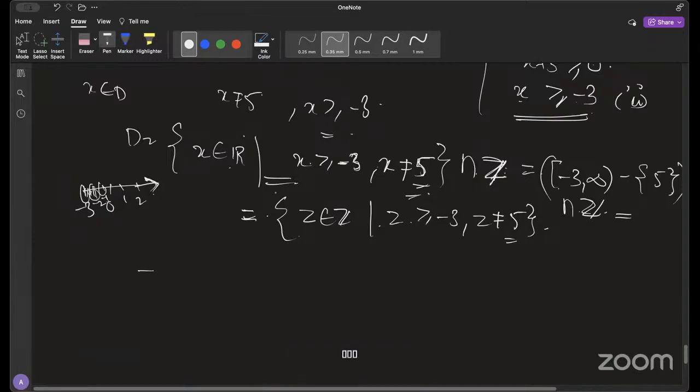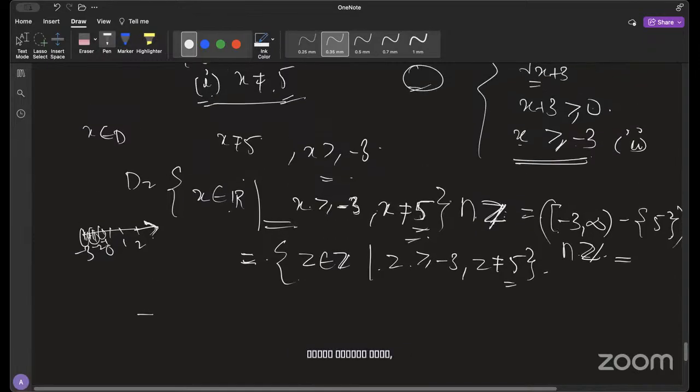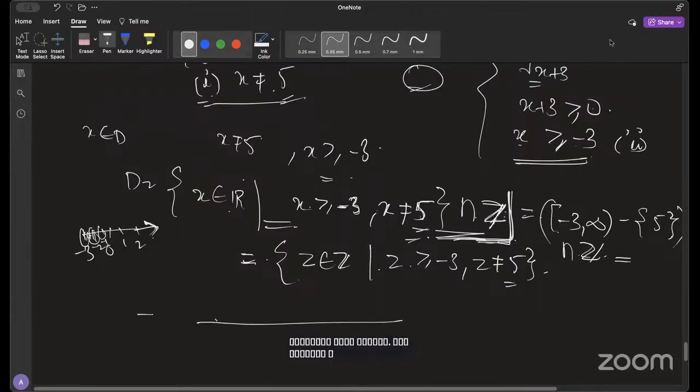The interval one, right? You're clear till this part? Do you have a doubt till this part? Till this part, everyone's clear, right? Yes, ma'am. Okay. Ma'am, there's too much background noise.